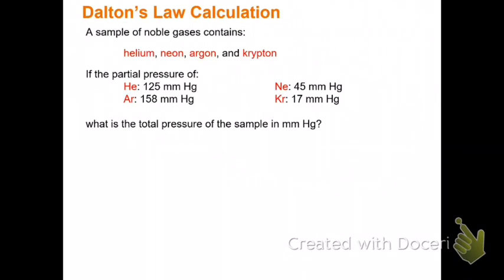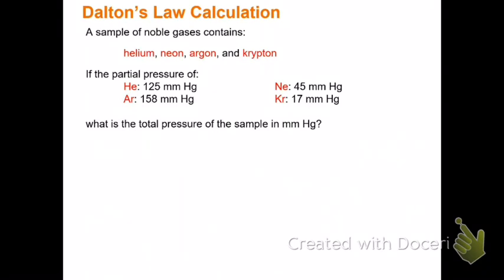Let's say you have a sample of a mixture of gases, and that mixture contains four different noble gases: helium, neon, argon, and krypton. You know the partial pressures of each gas. The partial pressure of helium is 125 millimeters of mercury, and you also know the partial pressures of neon, argon, and krypton. What would be the total pressure of the sample in millimeters of mercury?